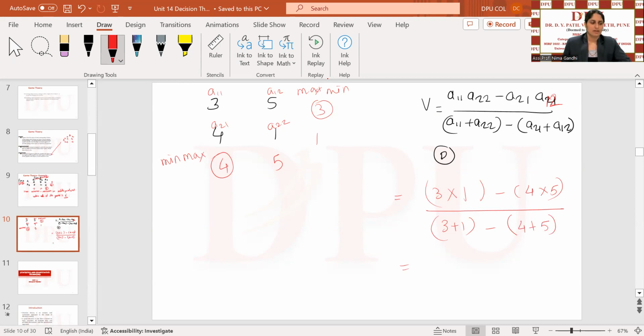So you can do the calculations here. 3 minus 20 divided by 4 minus 9. That is minus 17 divided by minus 5, that is 17 by 5. 17 by 5 is the value for this game.